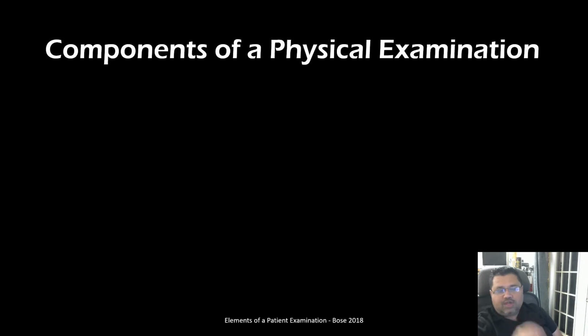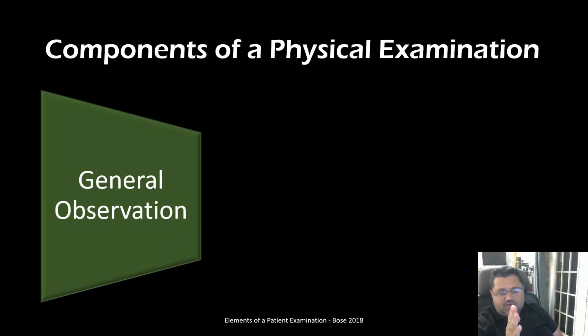In a comprehensive physical examination, there are three components. First is general observation. In general observation, you basically look, and when you look, you describe their presentation as they appear to you. It's a one-sentence statement as to how you find your patient as you visually inspect them.